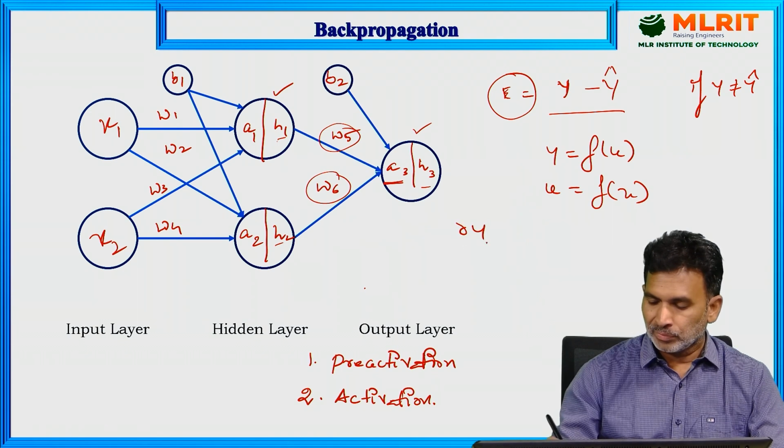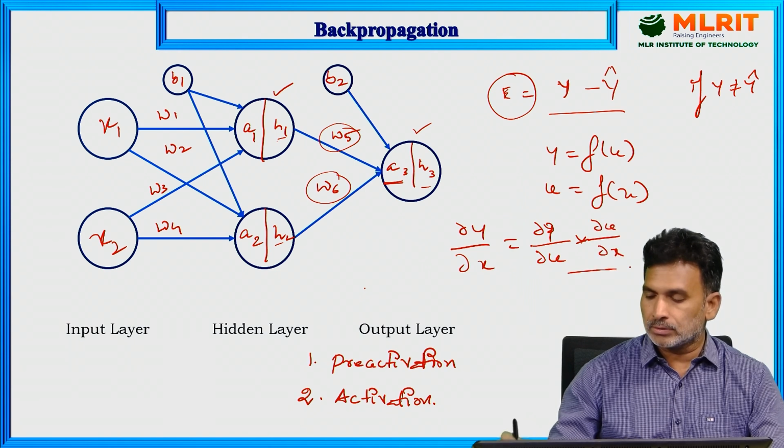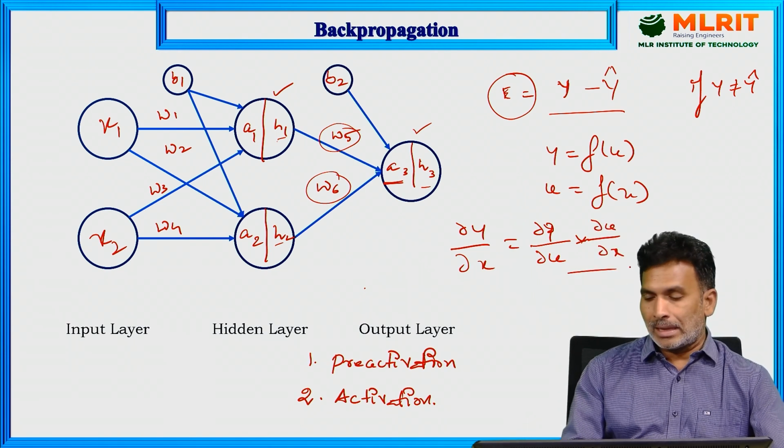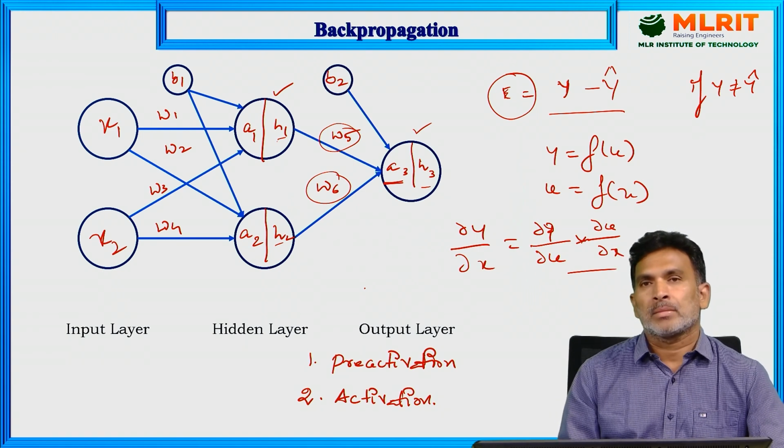So dou y by dou x equals dou y by dou u times dou u by dou x. This is the chain rule in calculus that is used.